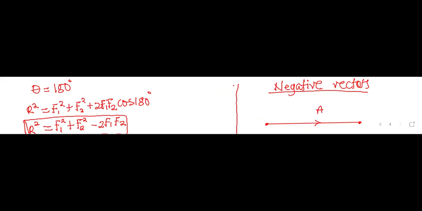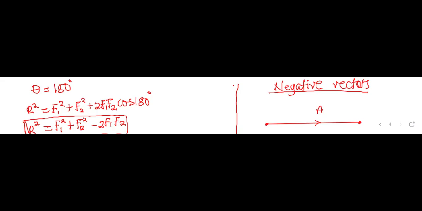When we talk about negative velocity, negative velocity has the same magnitude as positive velocity, but its direction is always reversed. So if a positive velocity has a magnitude of, let's say, 10 kilometers, and it is due east, the negative of that same velocity would also have the same magnitude of 10 kilometers, but its direction will be due west.